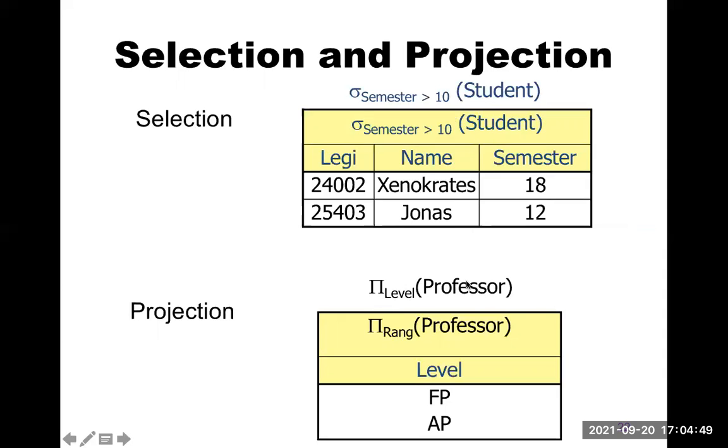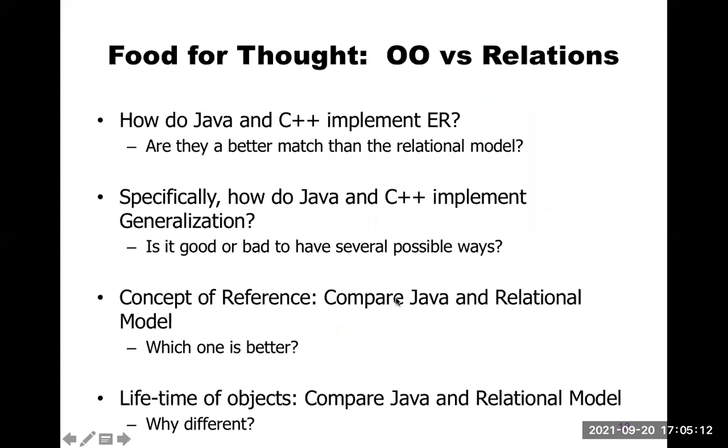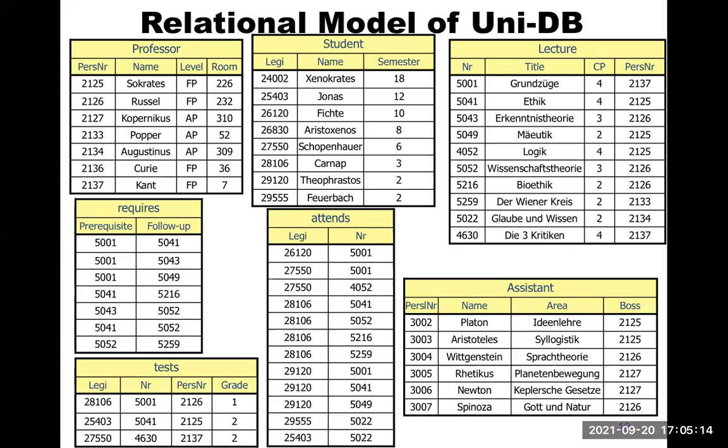We use projection to restrict a table to just a few columns. If you want to find only levels of professors, you may say project the table of professors using the level column. Let's look at the professor table.